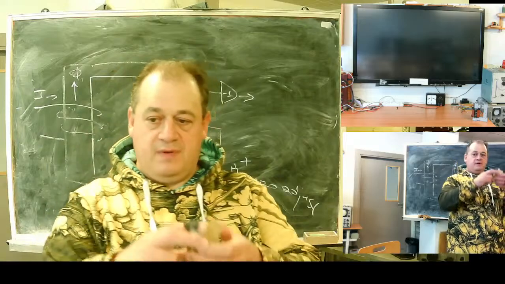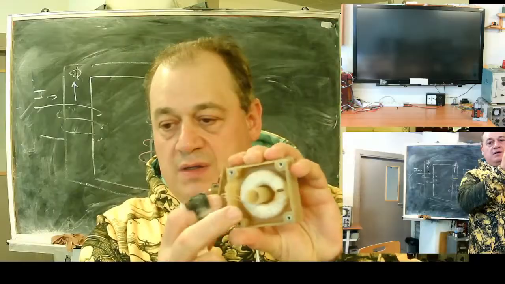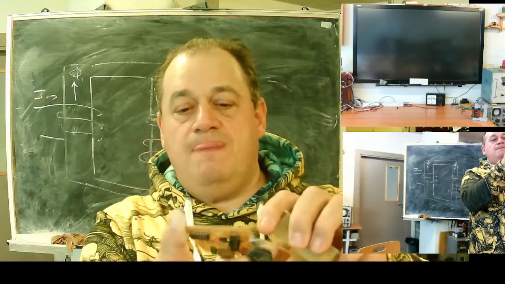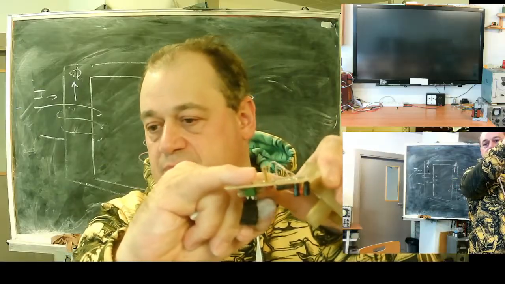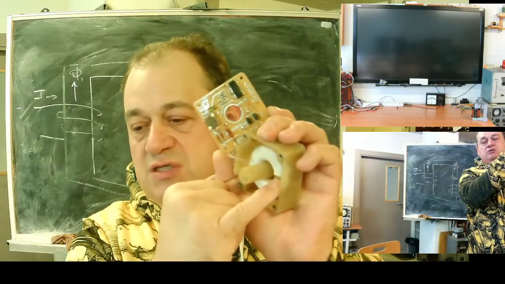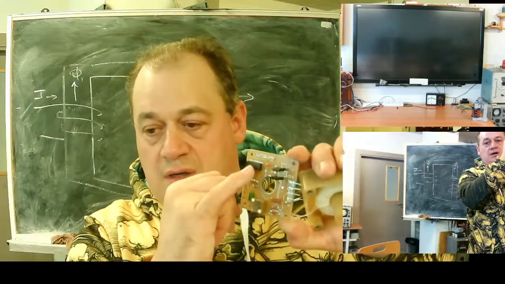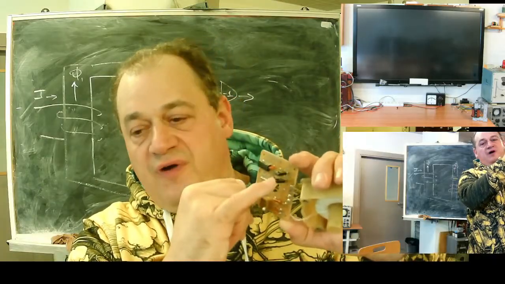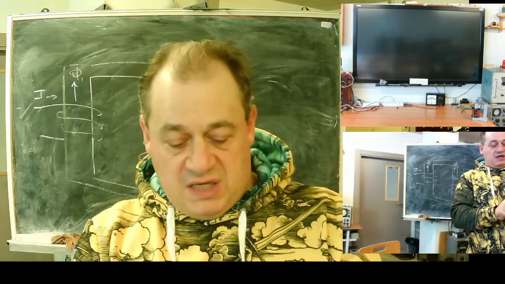Here in my hand, this is the core. Here, this tiny part is the sensor itself. It goes into the slot, and there is an operational amplifier and a boost stage, the compensating amplifier.